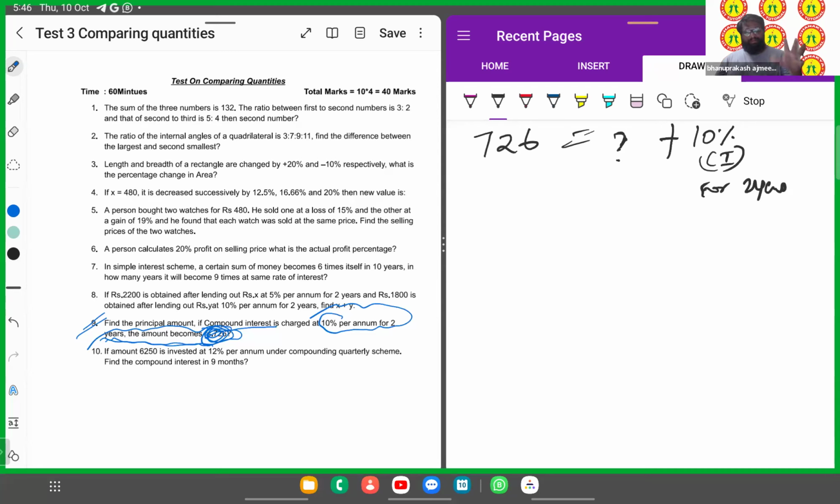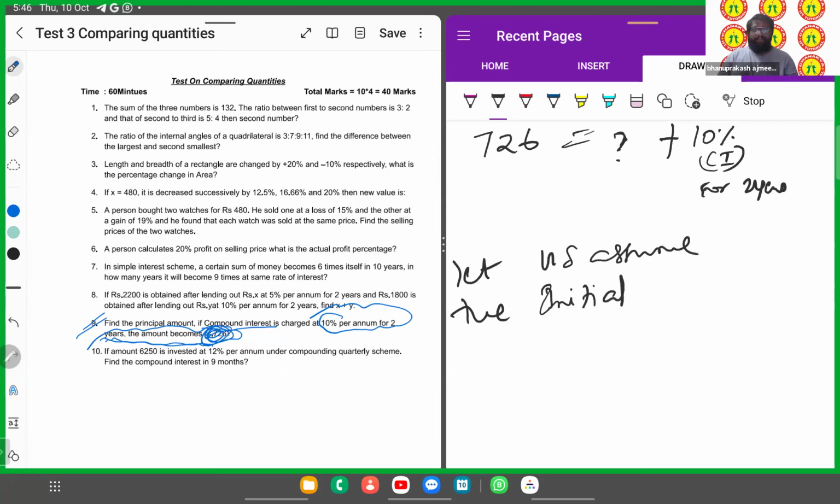We can find the amount, but here the amount itself is a question mark. We don't know what the amount is. So in questions like this, you should always remember to assume the initial amount. It's just an assumption for our mathematical calculation convenience.